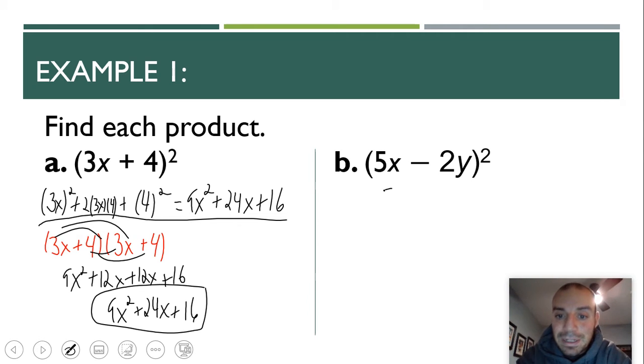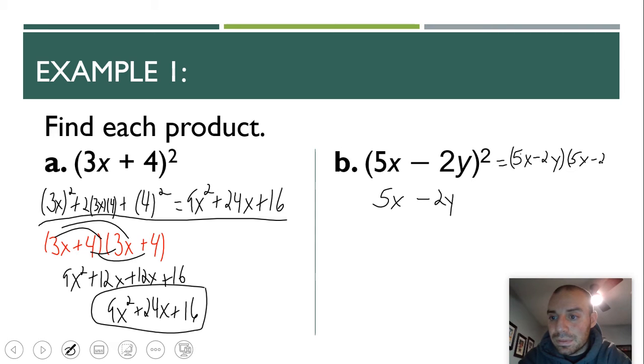If you want to use the box method, if you're somebody who likes that, I'm going to have 5x and a negative 2y. And remember, this is really 5x minus 2y times 5x minus 2y. So then I'll have another 5x and another negative 2y.